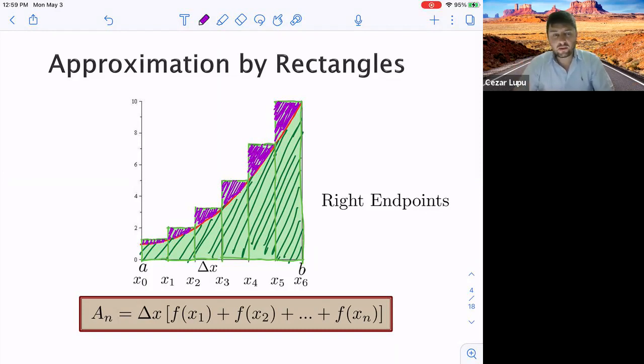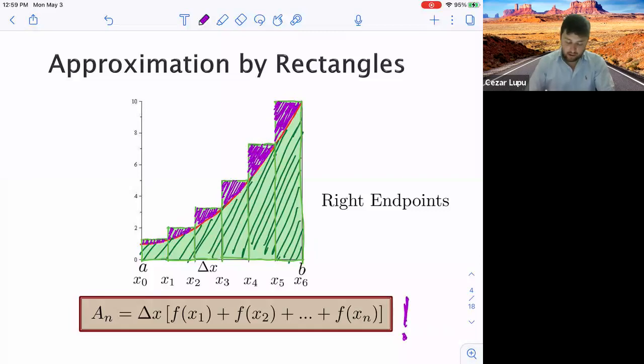And the right endpoints, as you can see, are x1 in this picture, then x2, and then all the way to x6, or xn in general. So the area of each rectangle will be delta x times f of x1, the first one, then the second one is delta x times f of x2, and then you're going to add up all of them. You're going to factor delta x, and then you're going to end up with this beautiful thing here, right?